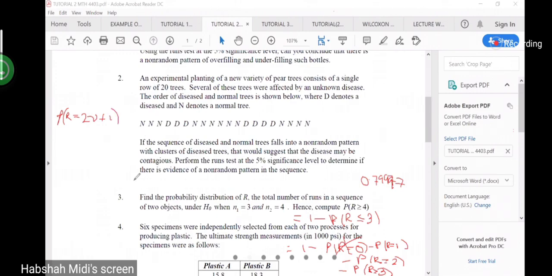Right? To find probability R equal to 1, you make use of this, isn't it? Can you see my cursor here? Yes. Use of this, isn't it?